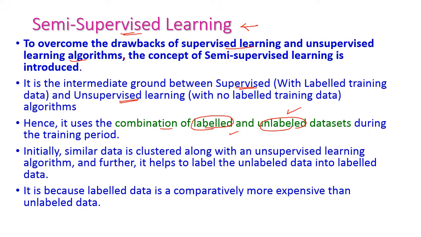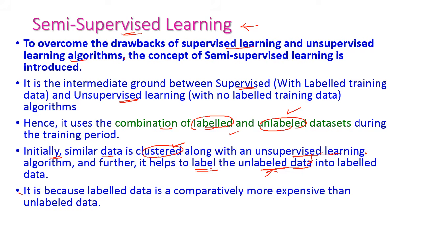Initially the similar data is clustered using an unsupervised learning algorithm, and based on the output of this it will label the unlabeled data. All the unlabeled data will be labeled by using the output of this, right.